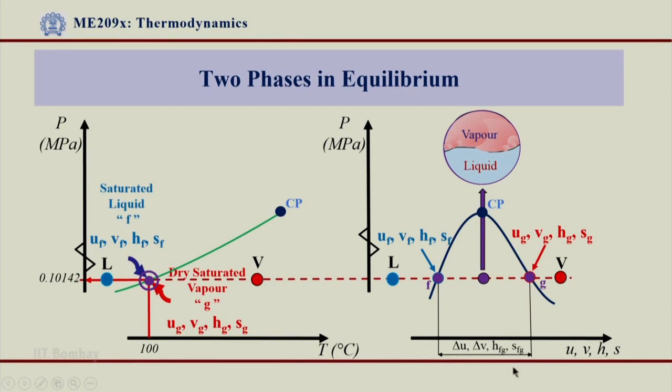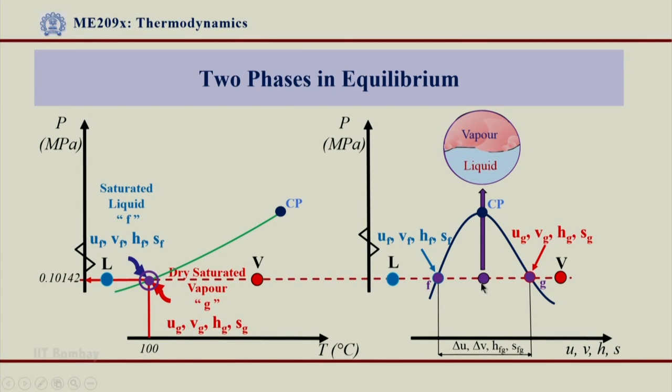Because we deal with those values directly, they are given in the steam table, but they are the difference between HG and HF, which can also be directly read from the steam table. While delta U, sometimes referred to as UFG, and delta V, sometimes referred to as VFG, can be calculated because we know the values of UG and VG, and also we know the values of UF and VF.